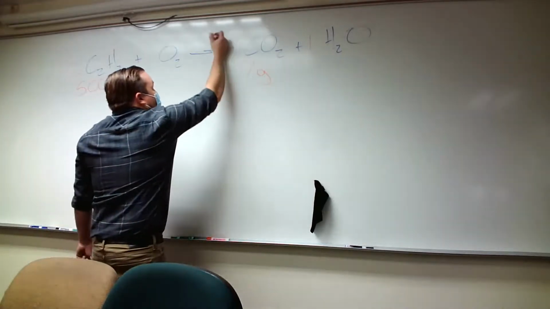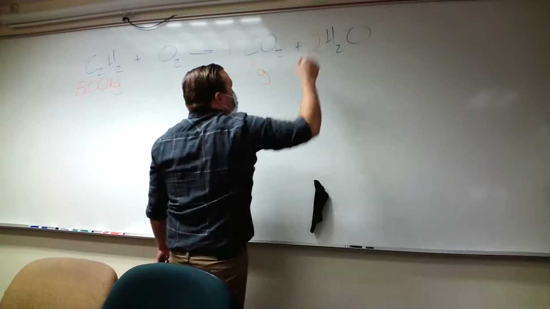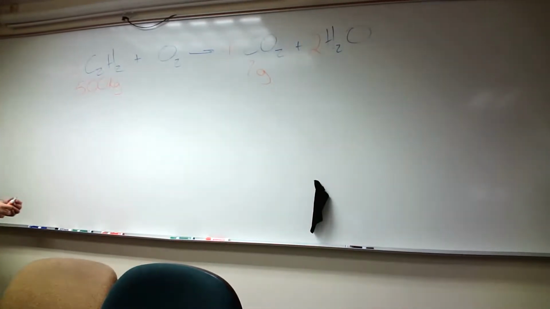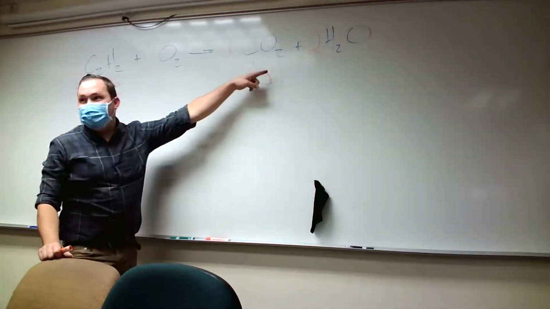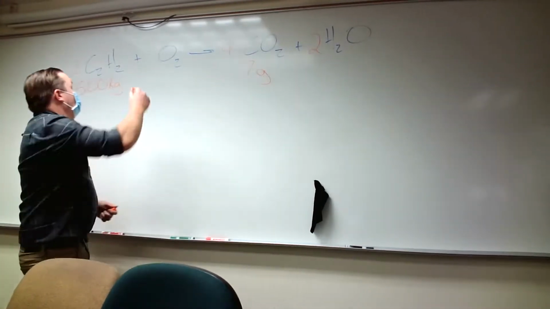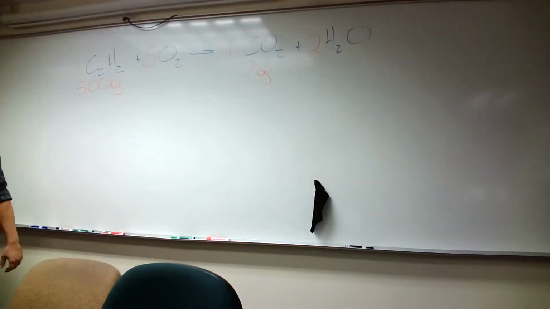Now there's 4 carbons, and we have enough hydrogens to make 2 waters. And now we can just fix the oxygen. So now we've got a total of 10 oxygens on the right. So we need 10 oxygens on the left.